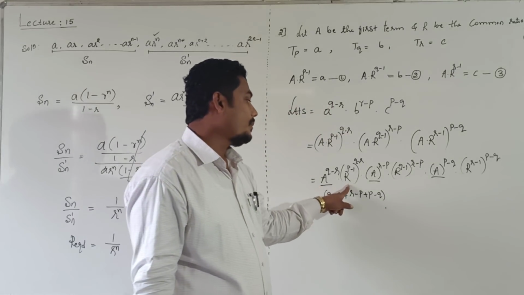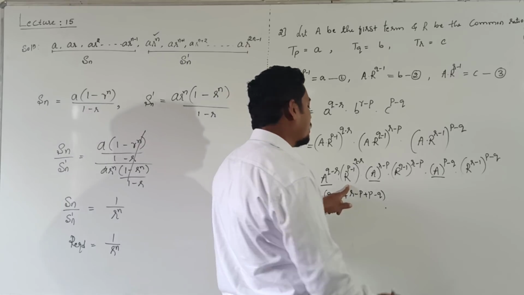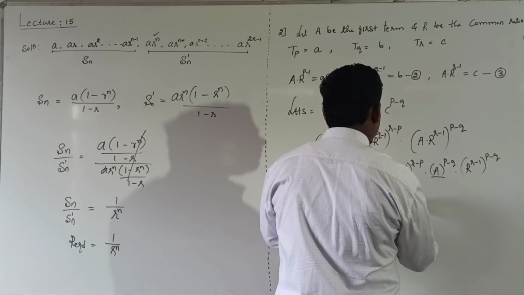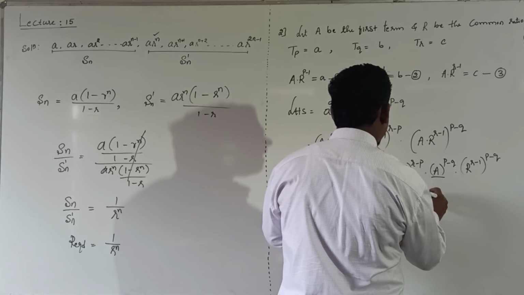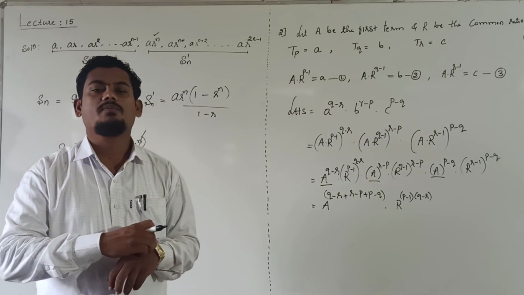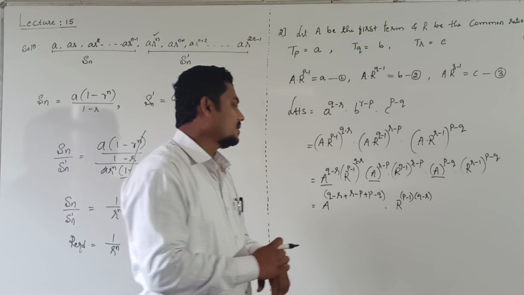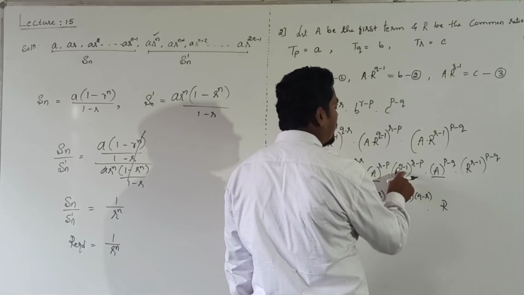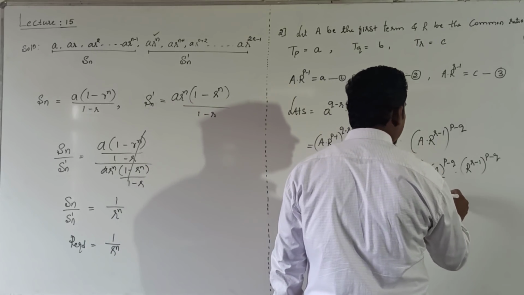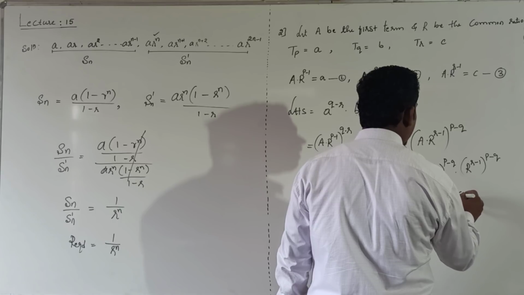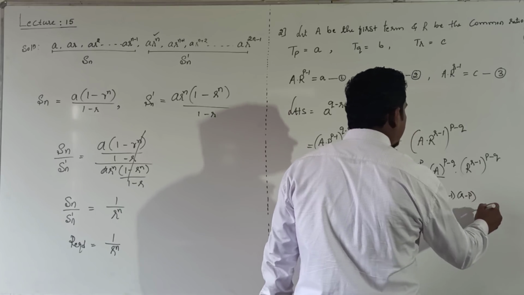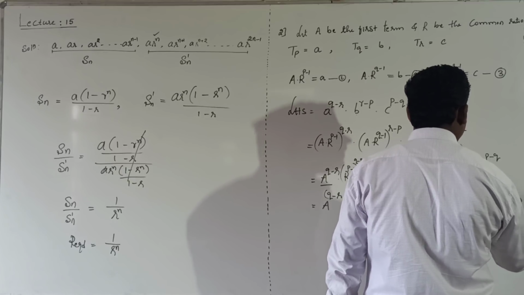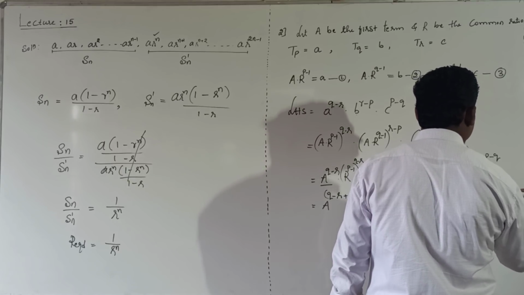R power p minus 1, whole thing power q minus r. I will write it as R power p minus 1 into q minus r by using the a power m whole thing power n formula, into R power q minus 1 into r minus p, into capital R power r minus 1 into p minus q.